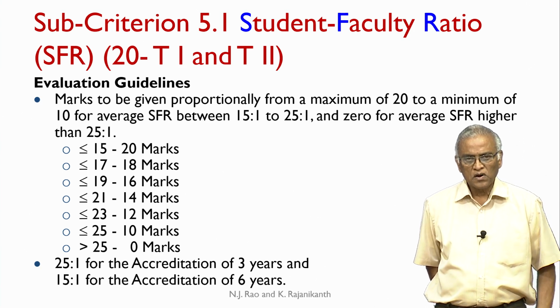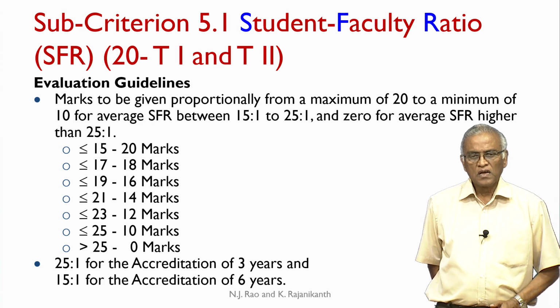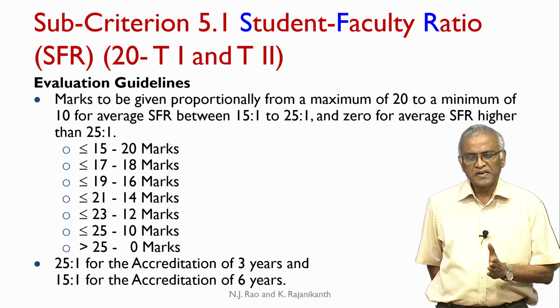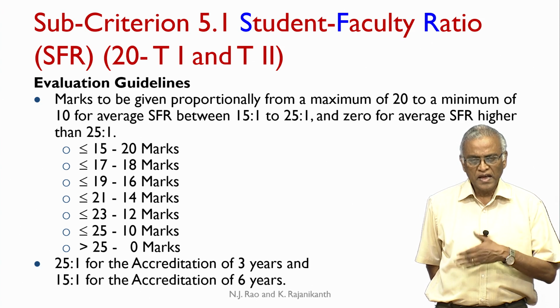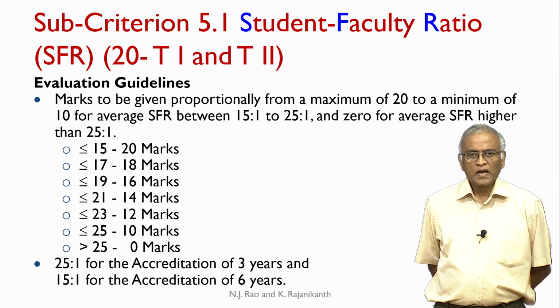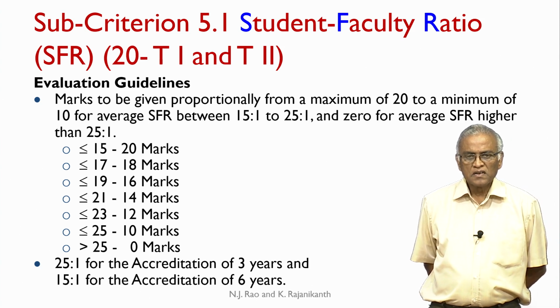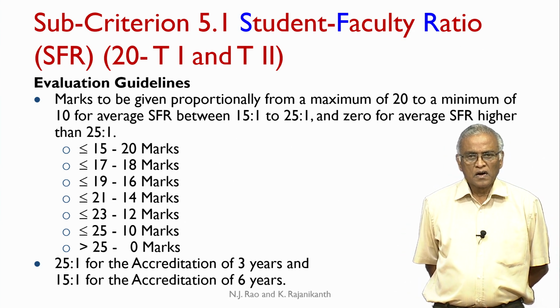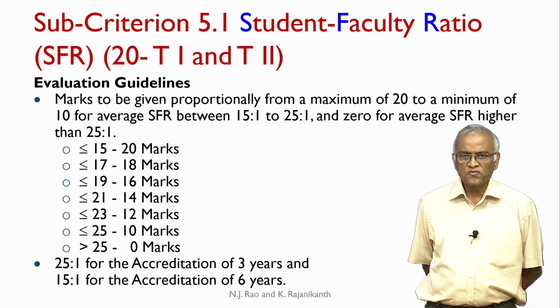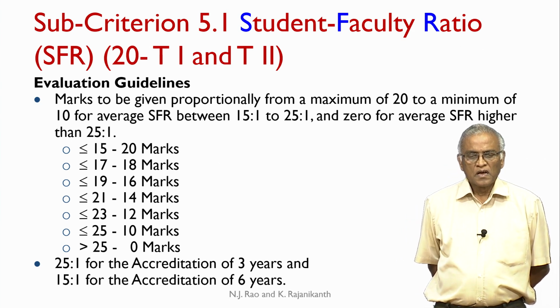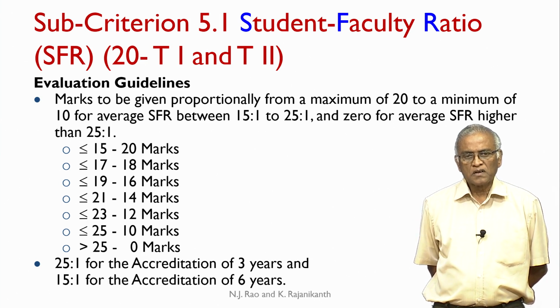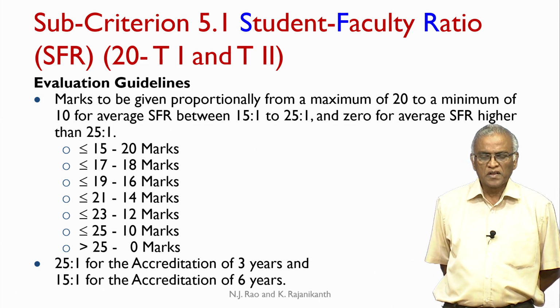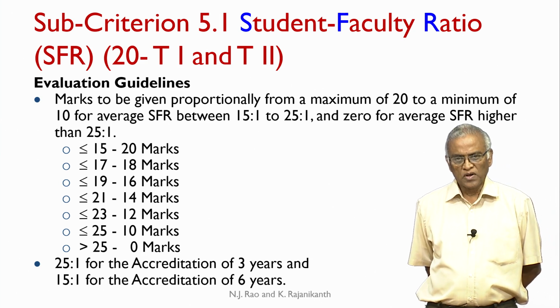We have talked about that in criterion 4, and it will also be explained in detail when you look at the actual SAR document. And then what we are now looking for is the ratio of students to faculty, and it needs to vary between 15:1 to 25:1.